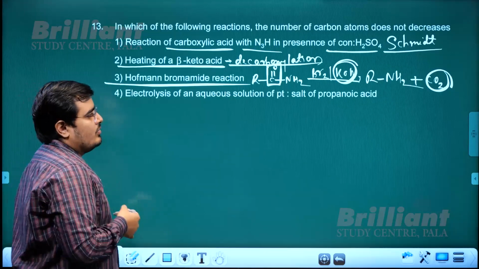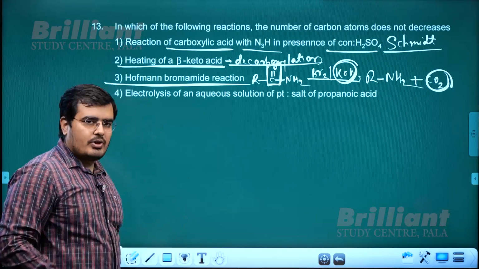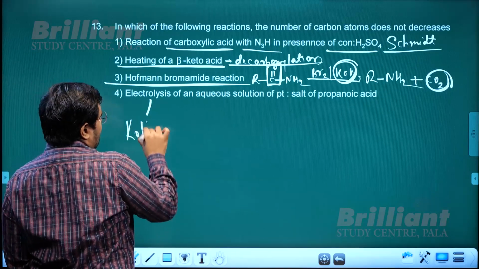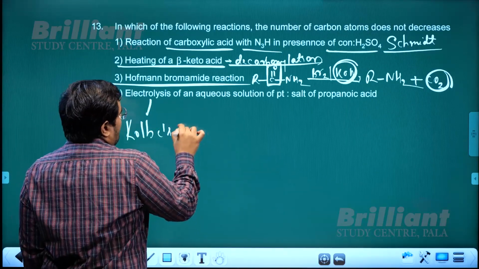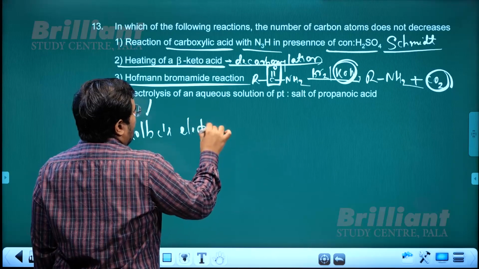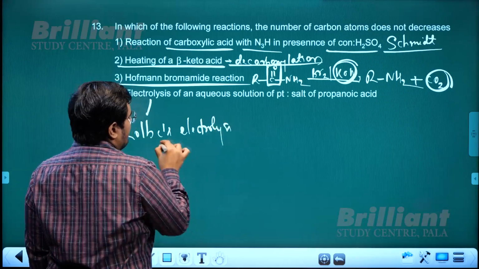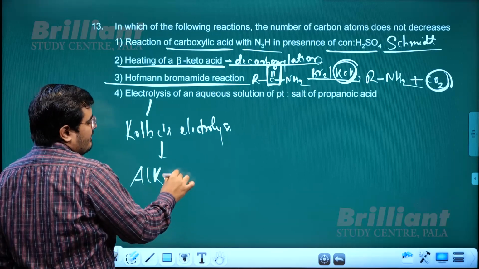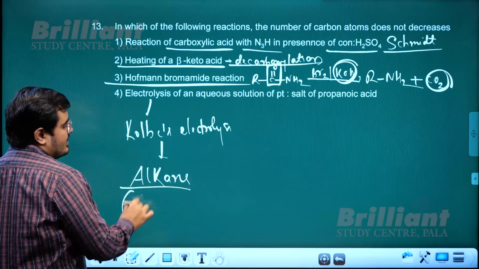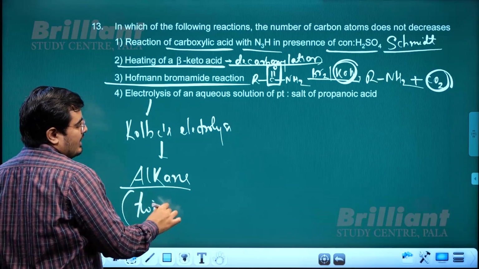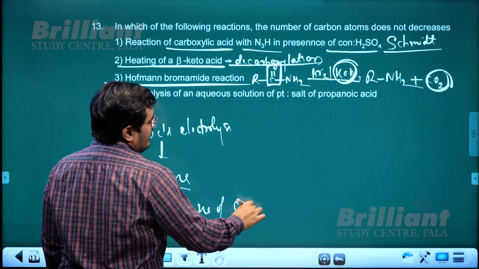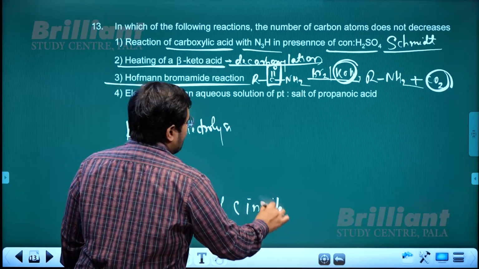Electrolysis of an aqueous solution of the potassium salt of propanoic acid. This is actually Kolbe's electrolysis. Now in this case, if you remember, I had discussed the mechanism also, that here we form an alkane. Which alkane? One which contains twice the number of carbons in the alkyl part of the acid.